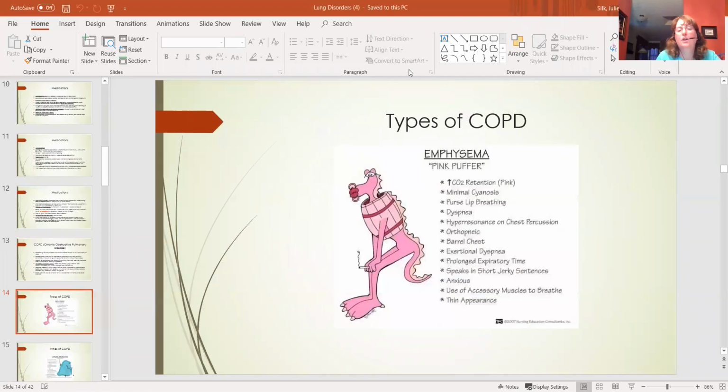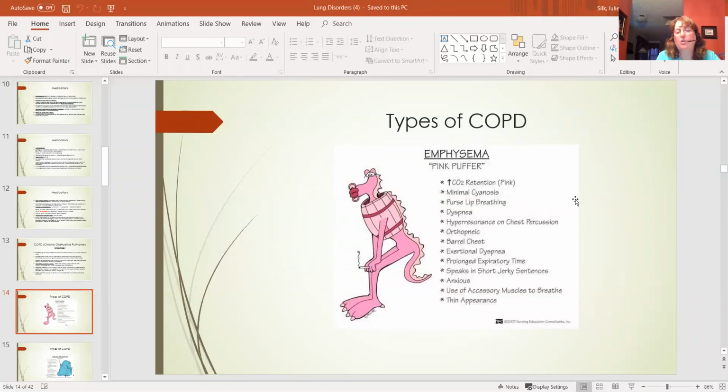Here we go. So a pink puffer. Basically, if you have COPD, you can have aspects of emphysema, or you can have aspects of bronchitis, and then some people have aspects of both. So it doesn't always look the same person to person, is what I'm trying to say. So the person that has COPD that is more emphysema-like, this is the person who really has a lot of damage to their lungs.